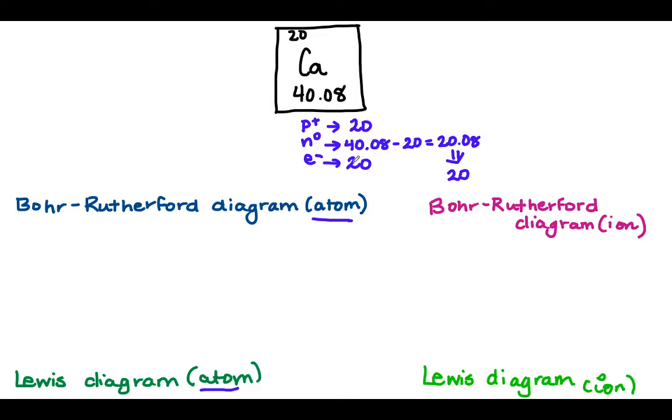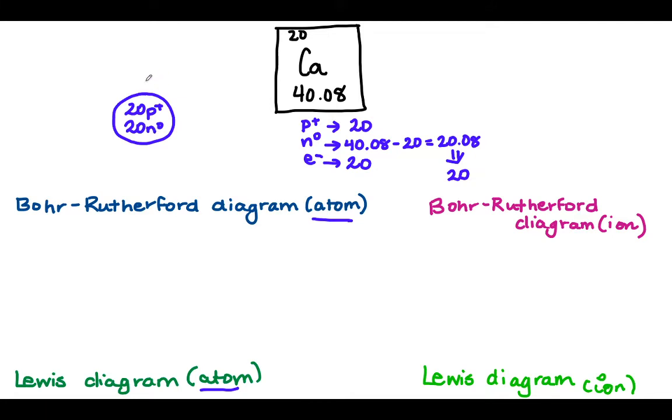So when you're drawing the Bohr-Rutherford diagram for the atom, you would have the number of protons in the center, as well as the number of neutrons in the center. So protons, neutrons in the center, and they all fit inside of the nucleus. And on the outside, you've got the electrons floating around in different shells.